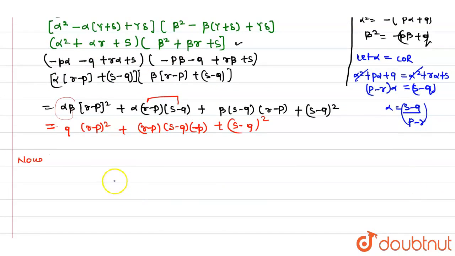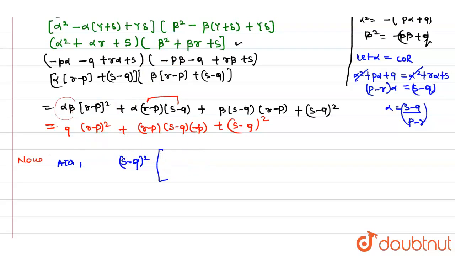Now according to the equation, I divide the whole equation by s minus q whole square. That means I took the common s minus q whole square.